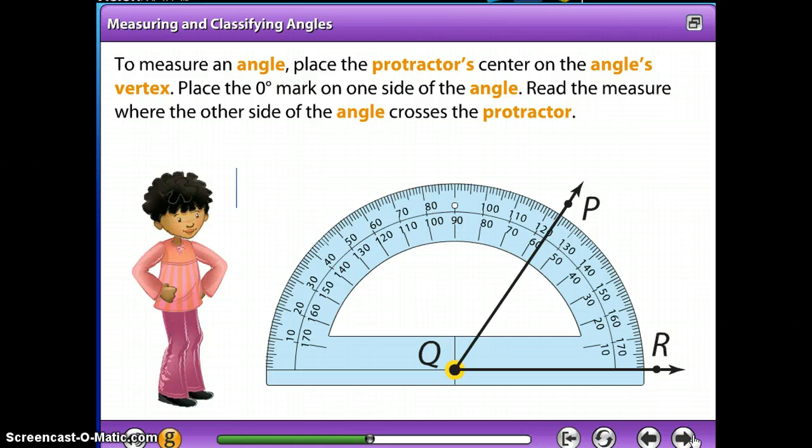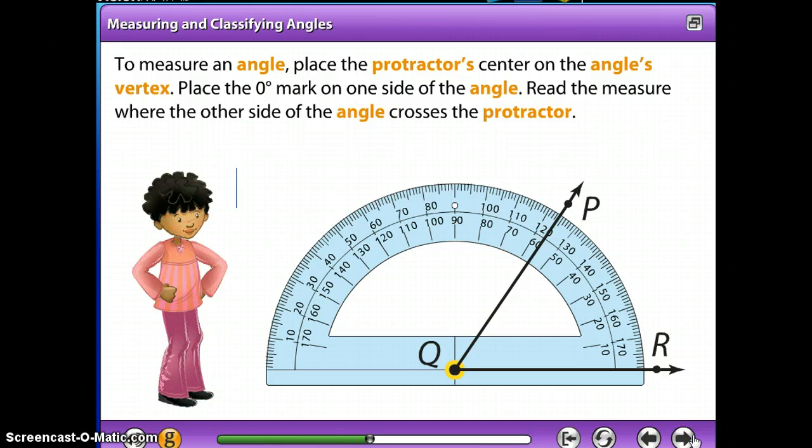Take that back. 56 or 124. So which one is it? Is it 60 degrees or is it 124 degrees?